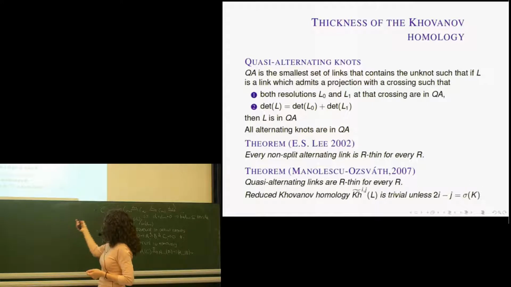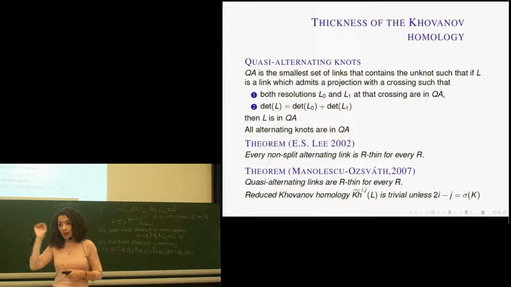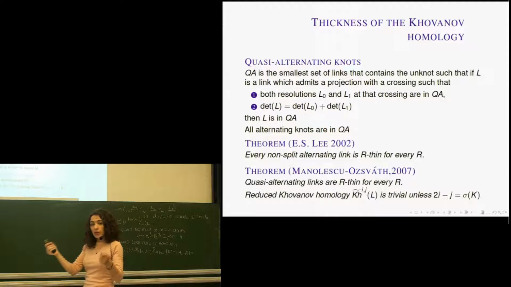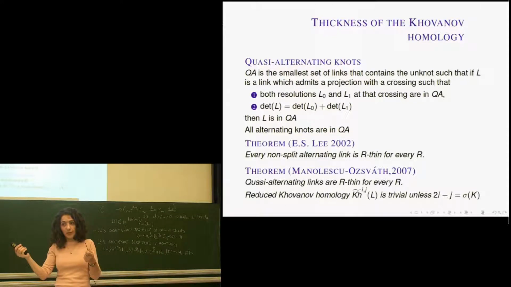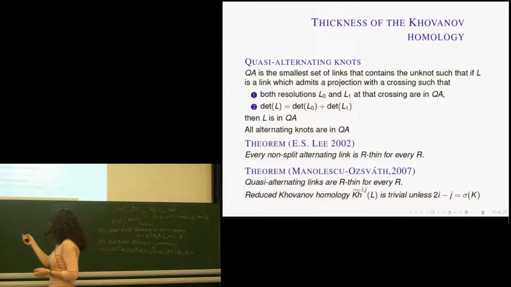You basically say that you can find a diagram of L and some crossing in that diagram, such that if you resolve it in either one of the ways, the zero smoothing or what I call the infinity smoothing at that crossing, the two links that you get are still quasi-alternating, and the determinant of the link we started with is the sum of determinants of these two links that we have obtained. Again, I won't prove this, but alternating knots are a subclass of quasi-alternating knots.